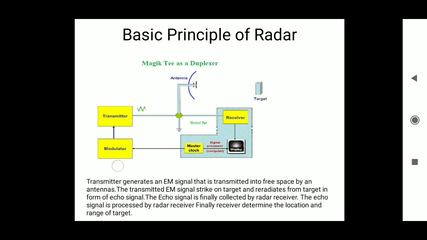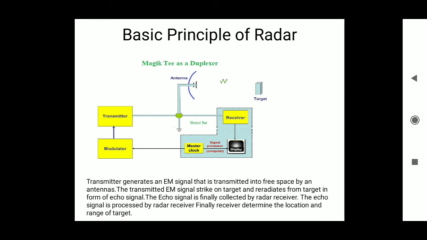After modulation, the signal is sent to the transmitter. In the transmitter, we improve the signal power through the power amplifier, and then we send it to the duplexer, the duplexer sends it to the antenna, and the antenna sends it toward the target direction.